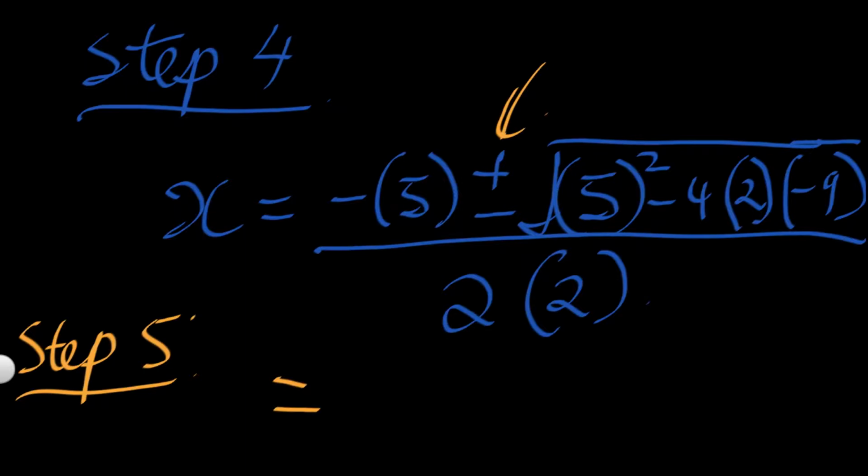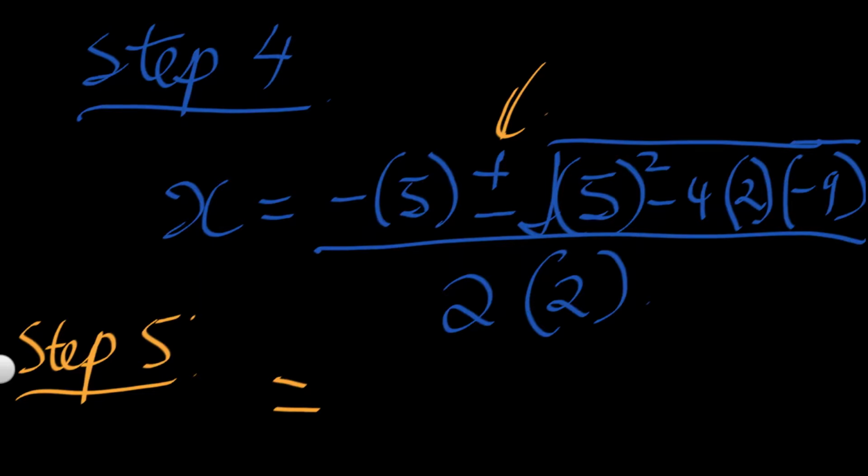So we have minus 5 plus, I'm going to use the positive sign the first time, 5 squared minus 4 by 2 by minus 9. All of this is being divided by 2 by 2. I go back to my calculator, I check clearly if I have punched the correct values. If I'm satisfied, I press equal sign.